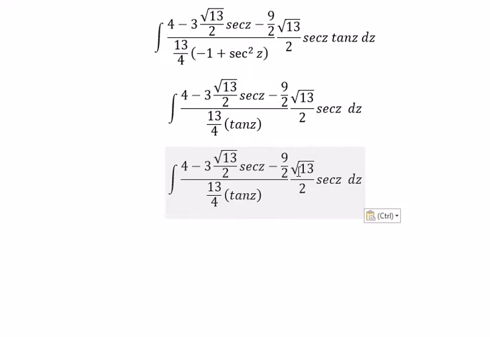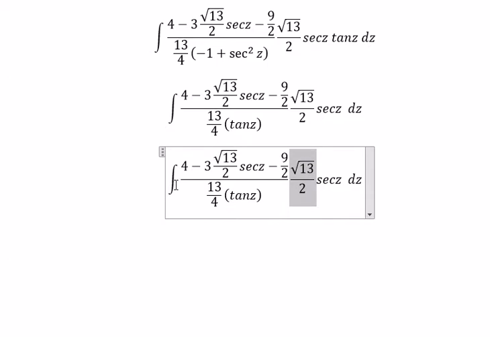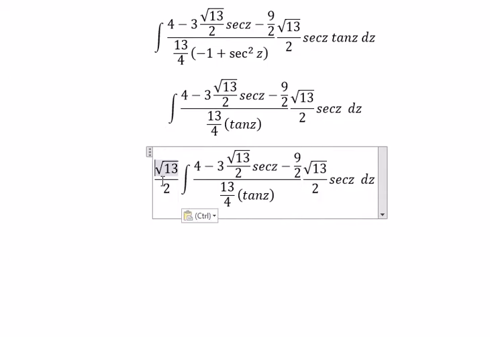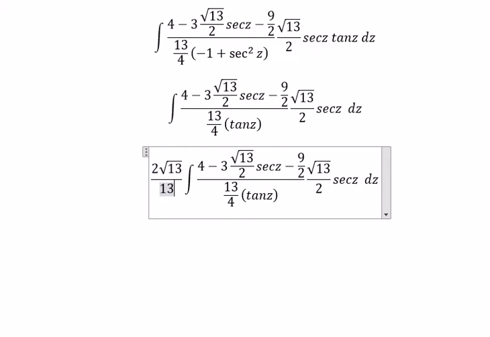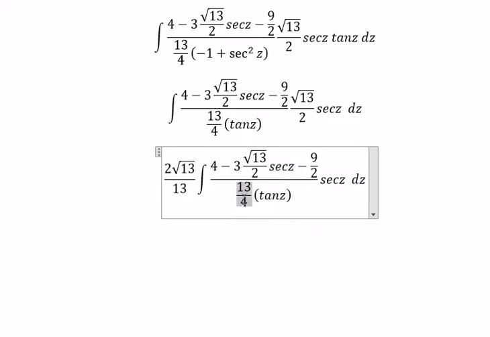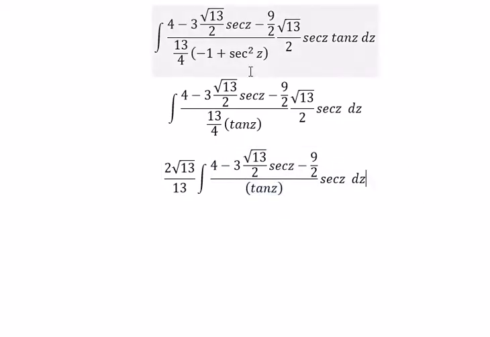Now we put the square root of 13 over 2 and 13 over 4 outside. So you get like this. Four minus 9 over 2.